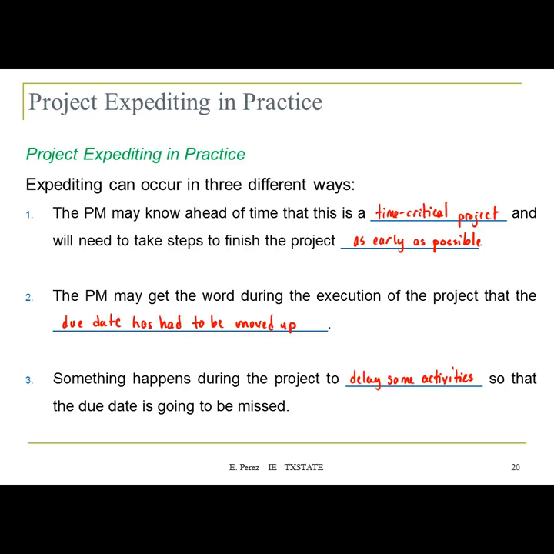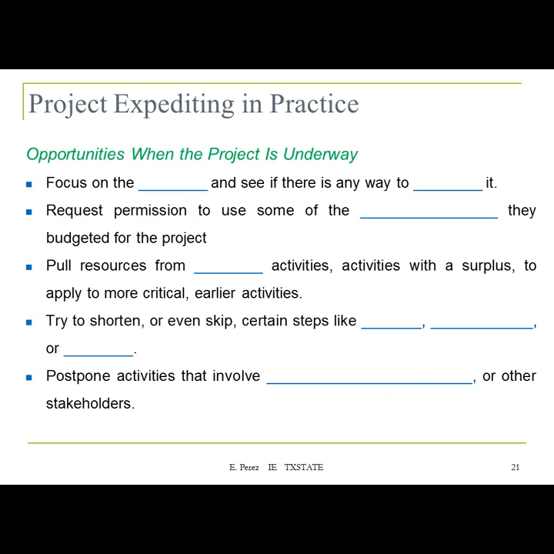So I also want to discuss some of the opportunities when you need to shorten the duration of your project and the project is already on the way. So I will advise you to focus on the critical path and see if there's any way to shorten it.